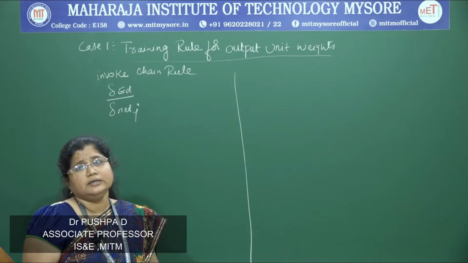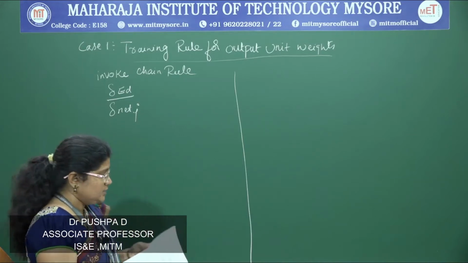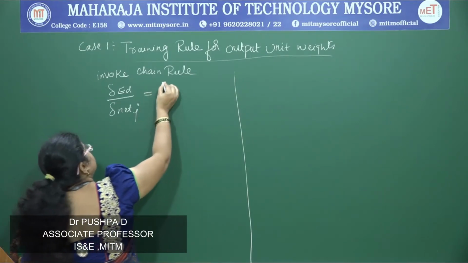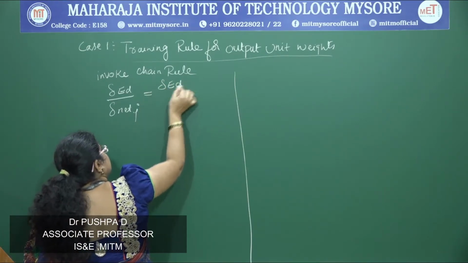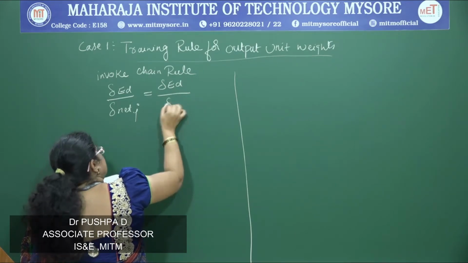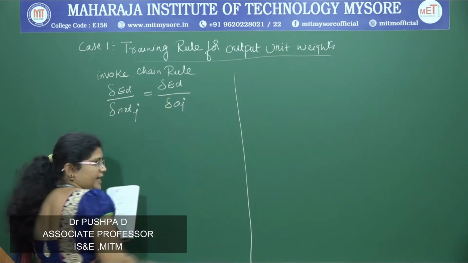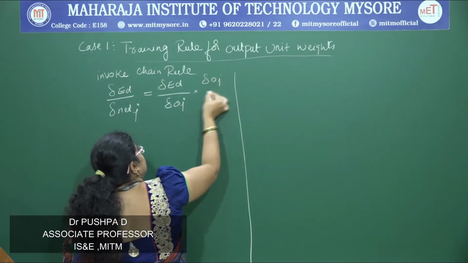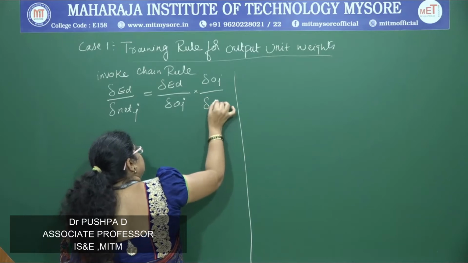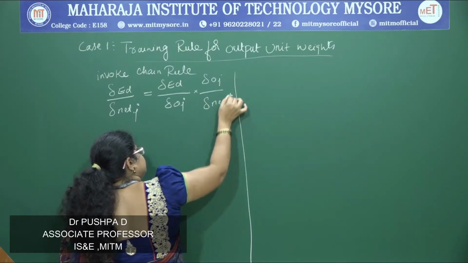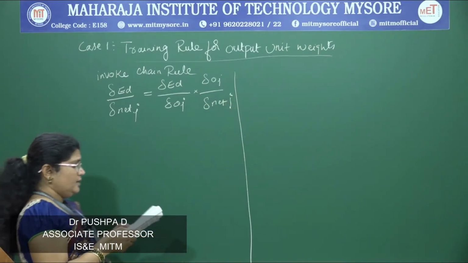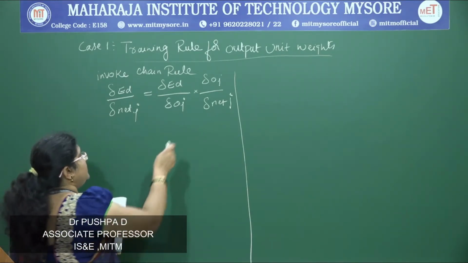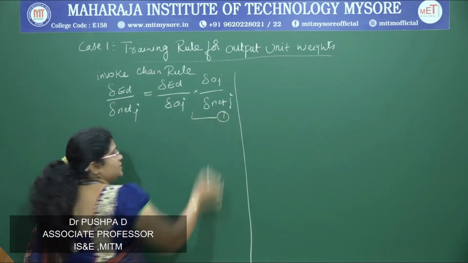That is what net j is. So del Ed by del net j is equal to del Ed by del Oj multiplied by del Oj by del net j. We call this equation number 1.